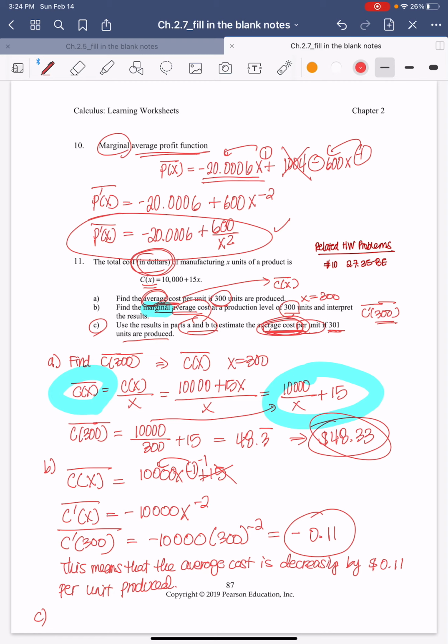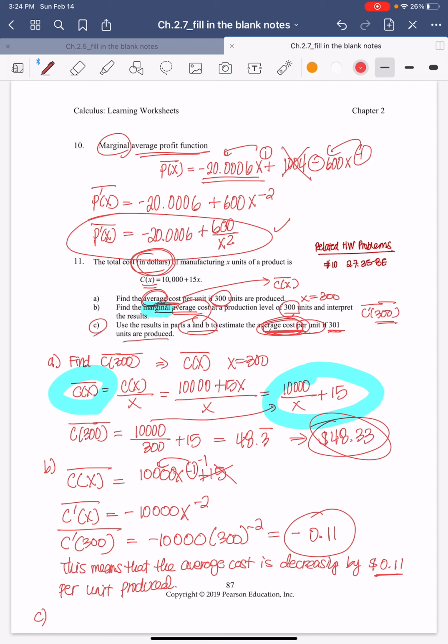That means decrease by 0.11 per unit. So if I make one more unit, from $48.33, I'm going to lose another 11 cents. So I'm going to end up having $48.33 subtract 0.11. So you don't have to go through a whole thing of finding 301.